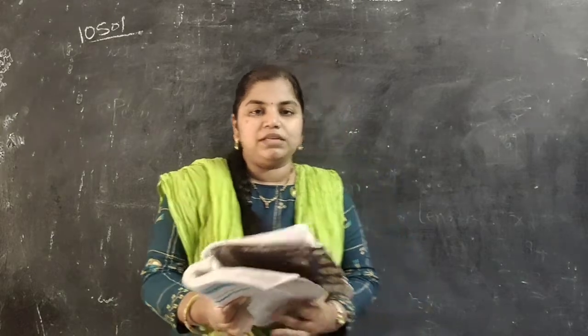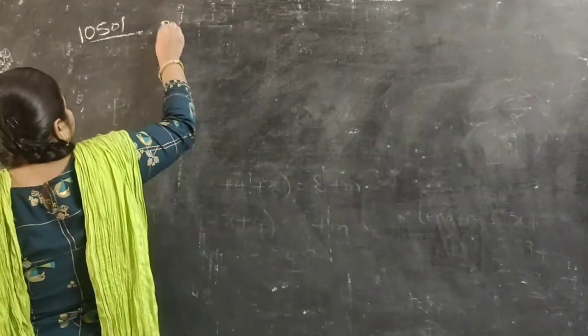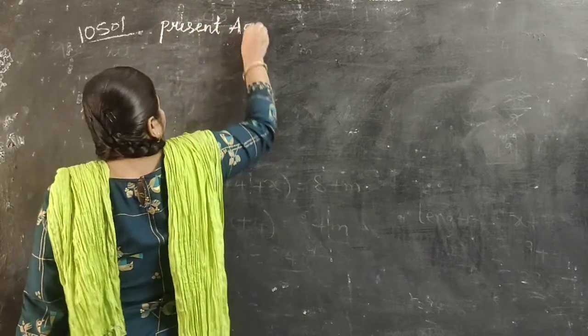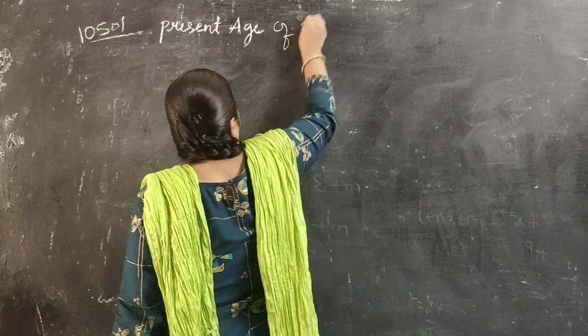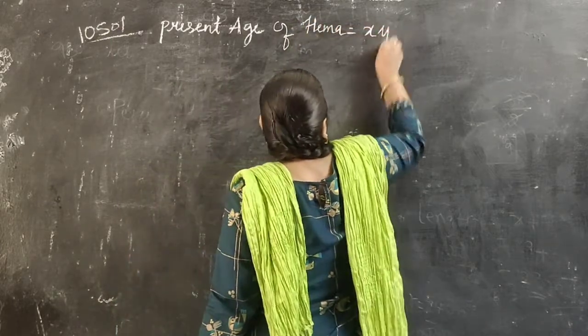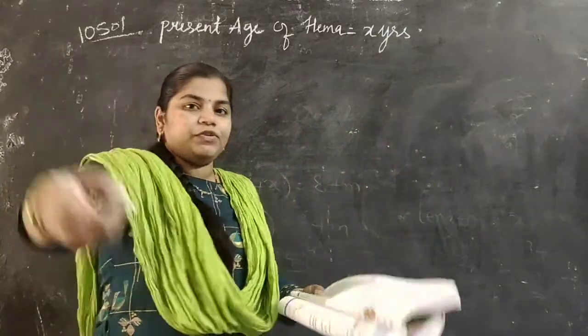So find her present age. So we have to find the present age. So I am taking the present age as x here. So present age of Hema is x years.